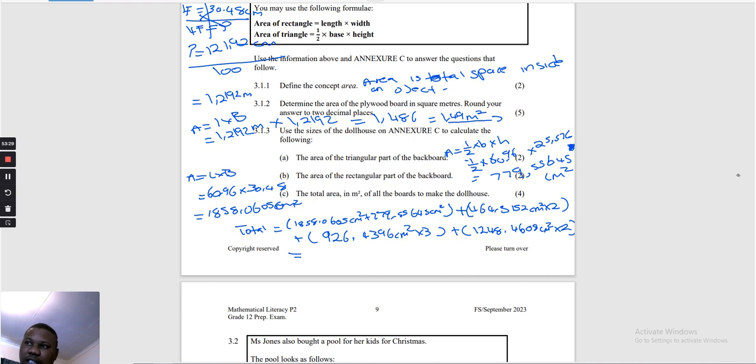Then how much is it? That is 8851,8877 centimeter squared, but they want it in meter squared, therefore you divide by 10,000, because we are converting centimeter squared to meter squared. This is 0.88 meter squared.